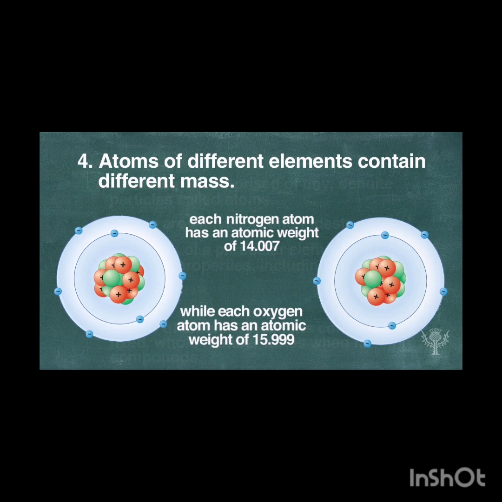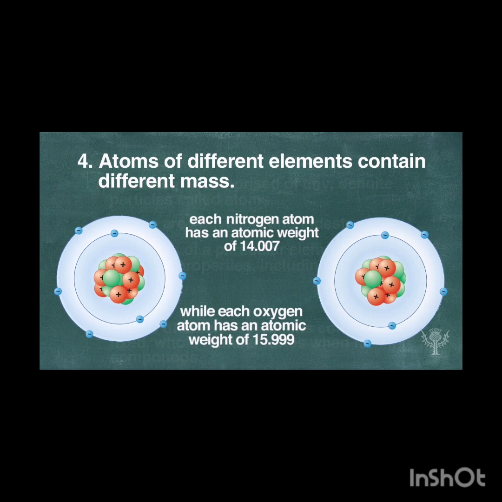Its weight, mass and physical properties vary. That's our fourth point: atoms of different elements contain different mass. We will take the example of two elements, nitrogen and oxygen. Here the properties of atoms in nitrogen and oxygen vary in both elements.